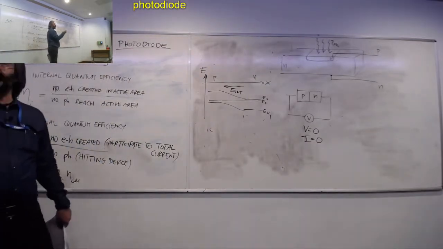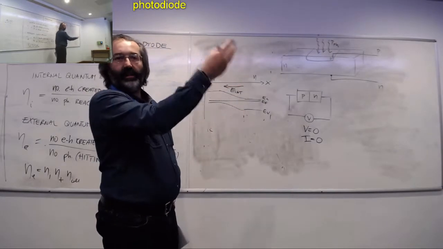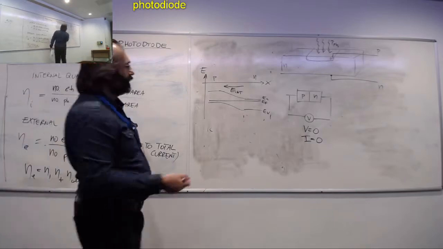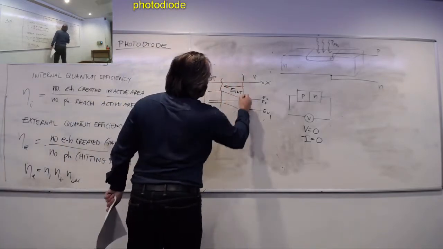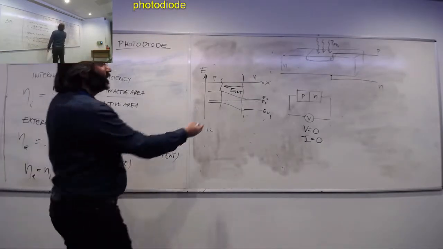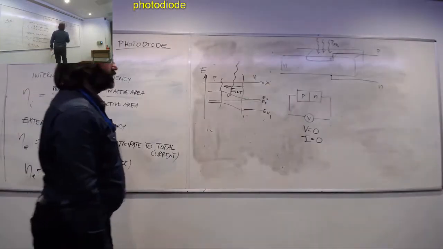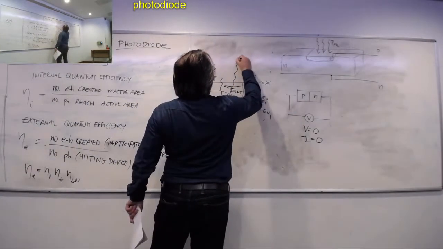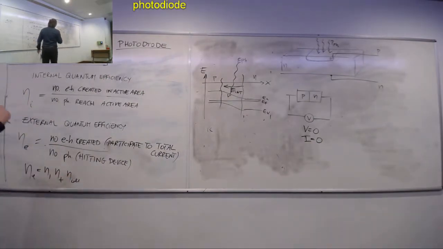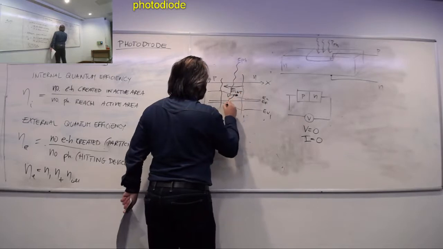So if I start shining light on this, what will happen is that photons will be absorbed, and electron-hole pairs will be generated. We've already anticipated that the active area is the depletion region. So those photons that hit the depletion region, and have enough energy, always, remember, will generate an electron-hole pair.